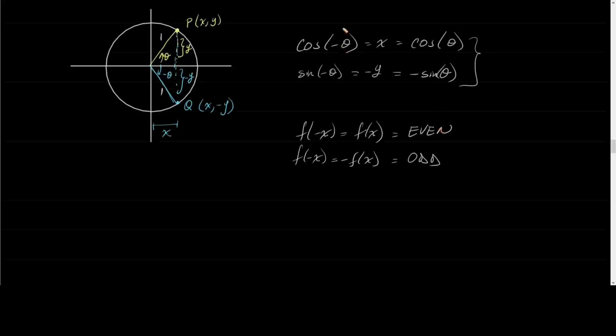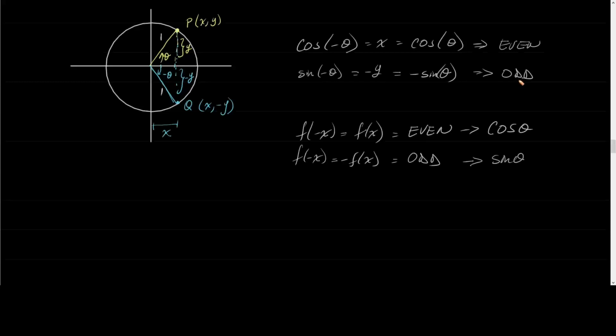Cosine of negative theta is equal to cosine theta, meaning that cosine is even. Sine of negative theta is equal to negative sine theta, meaning that sine is an odd function. Now perhaps I should have put this over here. This is telling us that this one over here is even, and this one over here is odd.